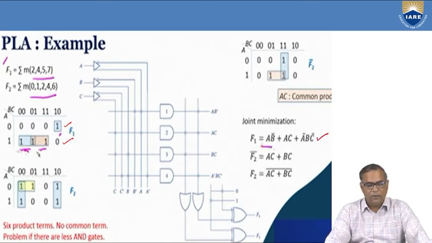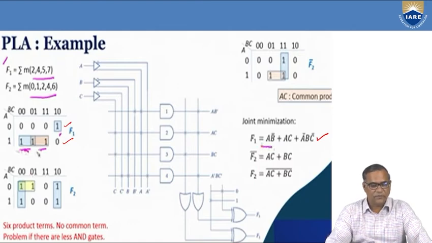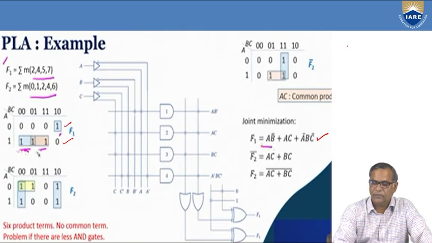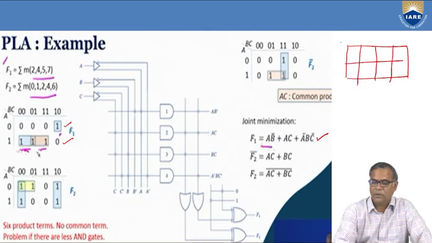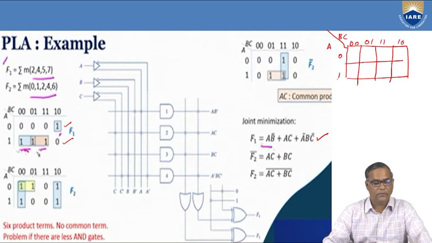Now the other function, with minterms 0, 1, 2, 4, 6. So how are we going to get it? This is A and BC: 00, 01, 11, 10, with A being 0 and 1. The minterms are 0, 1, 2, 3, 4, 5, 6, 7.